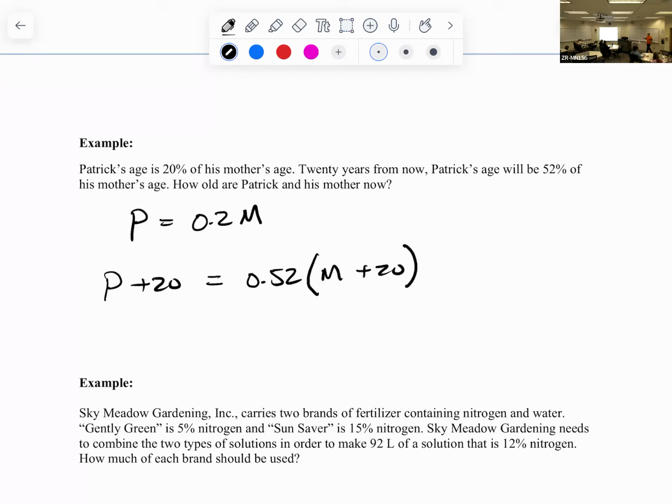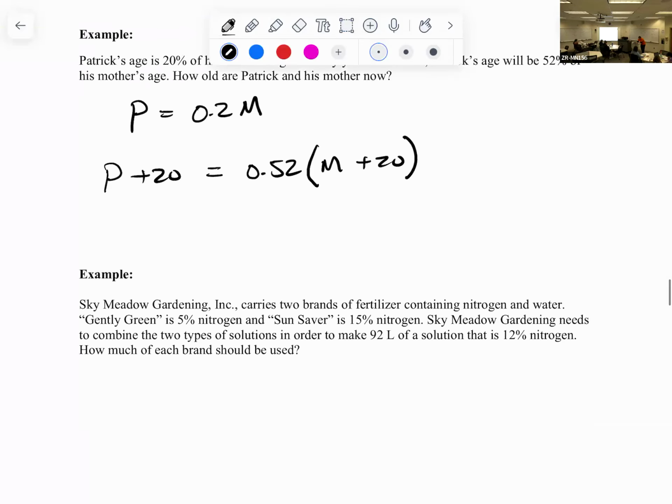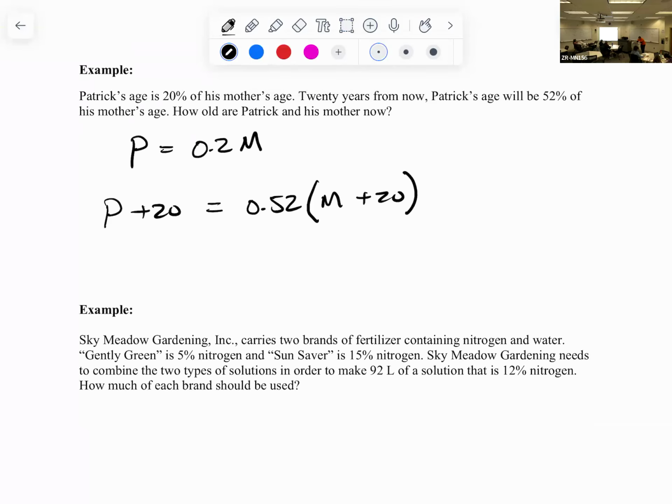It has to be M plus 20, in parentheses, because Patrick is 20 years into the future, right? His mother is 20 years into the future. That's one of the trickier types of setups, because it's basically the same equation we had above, but you have to make sure you add 20 to both people's ages. Once you have that, again, the solving should be relatively simple.